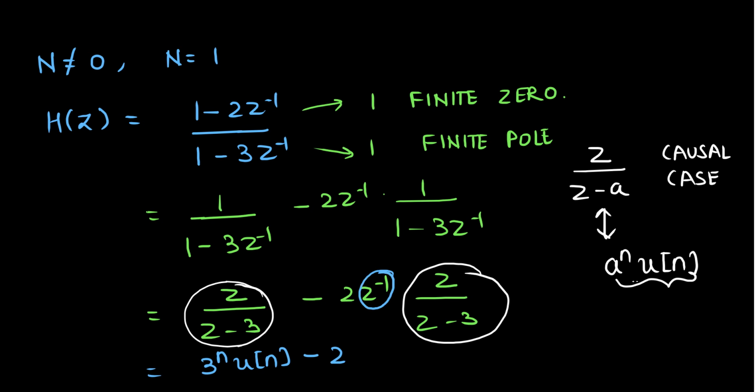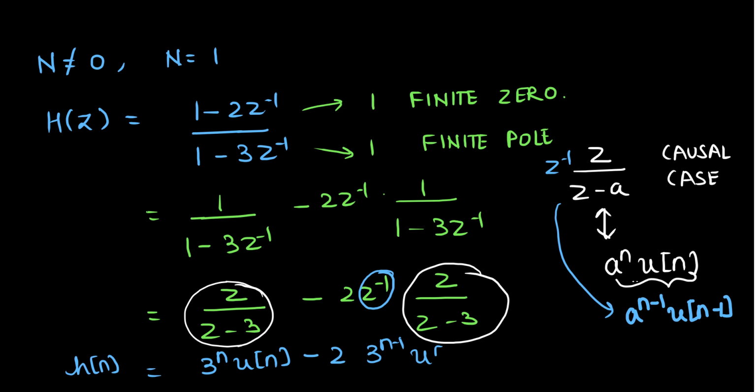So if we have a z inverse here, then we are going to have this as 3 to the power n minus 1 into u of n minus 1. So the inverse z transform of this, that is h of n, can be written as 3 to the power n minus 1 into u of n minus 1.